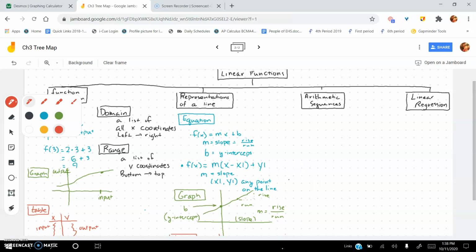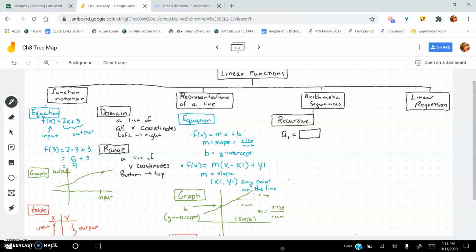Right, then you talked about arithmetic sequences, and there were two different ways that you learned about arithmetic sequences. The first one is the recursive formula, and for a recursive formula you always need two things: a starting point and a rule. Your starting point is a sub 1, which means your first term.